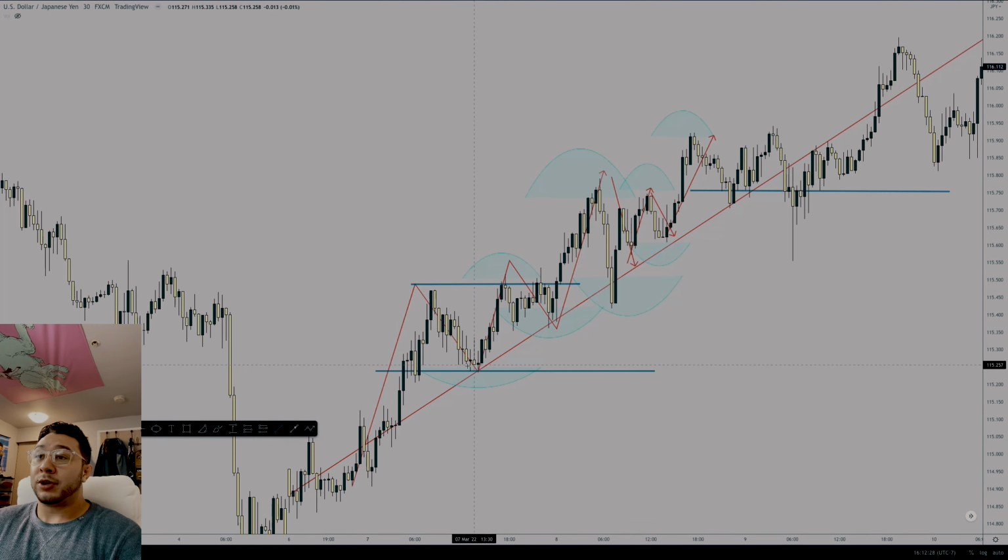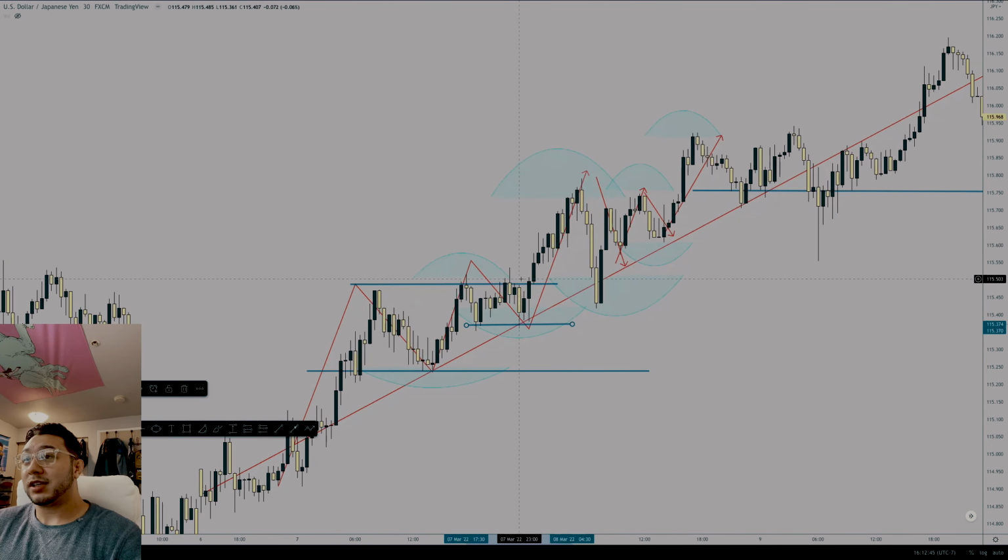So we created support here, the market pushed and hit this blue line of resistance here, came down, and created this level of support on this higher low point that the market was struggling to go down lower from. Then after that, it came back to attempt to break this previous level of resistance, right? You can see that it hit 3 times, and then on this final attempt, we blasted through.